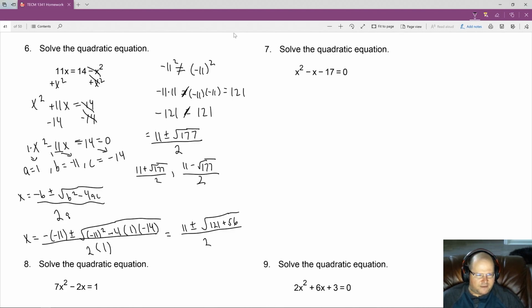And at this point, we're going to have our two distinct answers. We plug this into the calculator and plug this into the calculator. The approximation on the calculator of the positive one is approximately 12.15207, and approximately the other one is something like negative 1.152067.